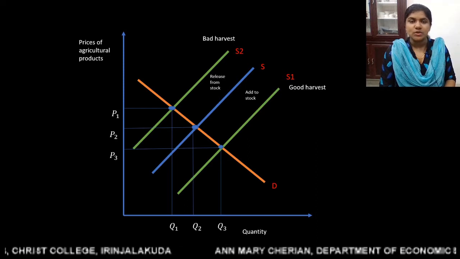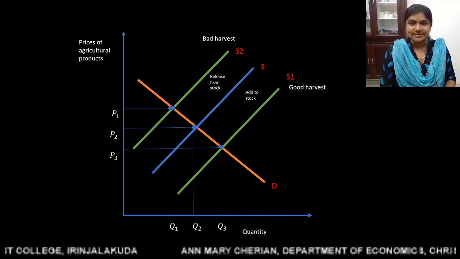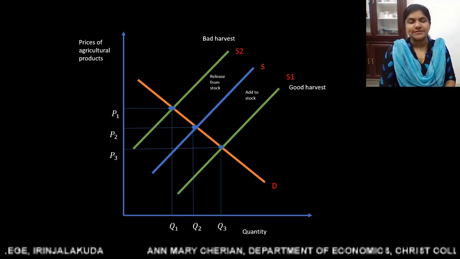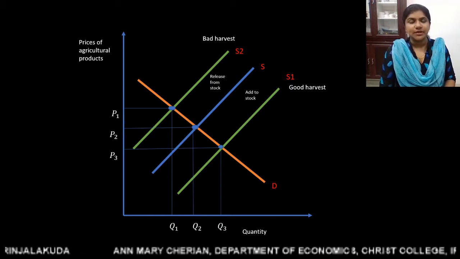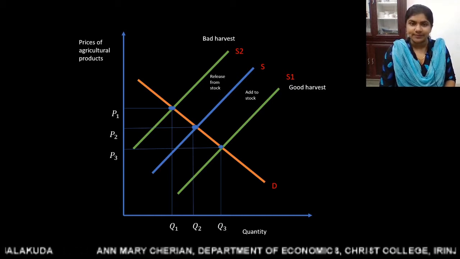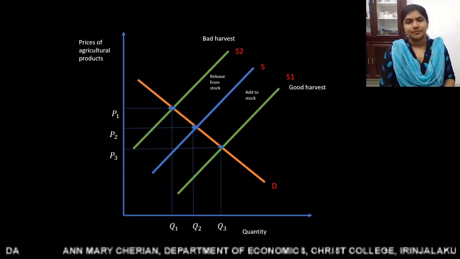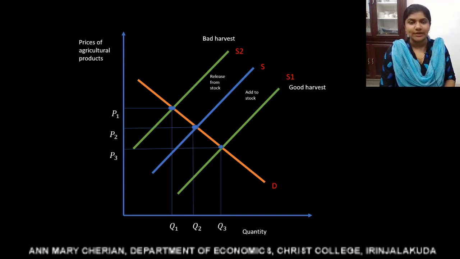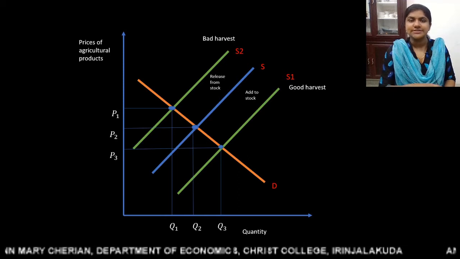Market demand, which is a downward sloping curve, is represented as D, and market supply, which is an upward sloping curve, is represented as S. The interaction between market demand and market supply determines equilibrium price and equilibrium quantity. Here, equilibrium price is P2 and equilibrium quantity is Q2. So this is a normal condition.